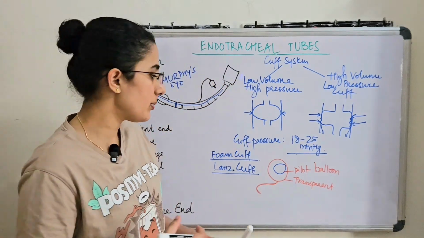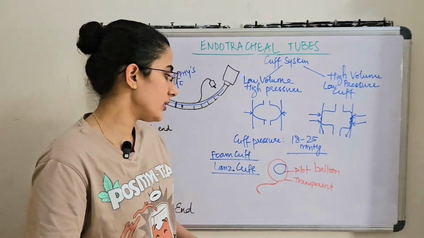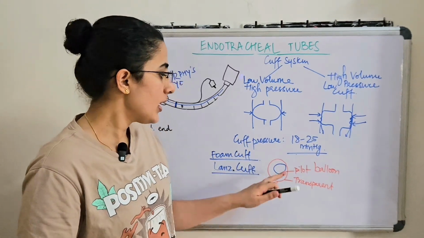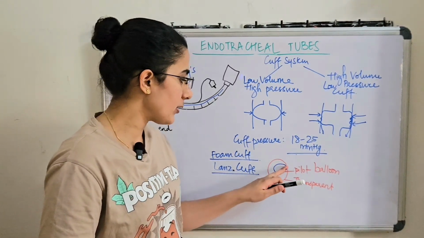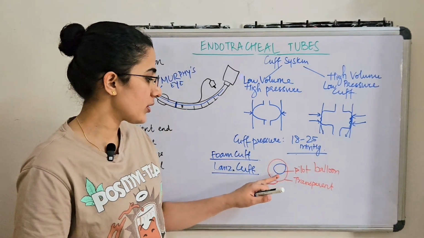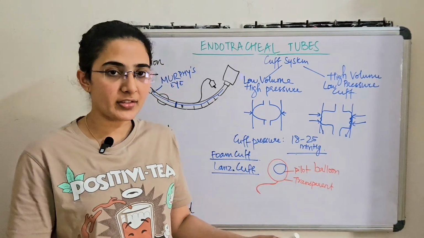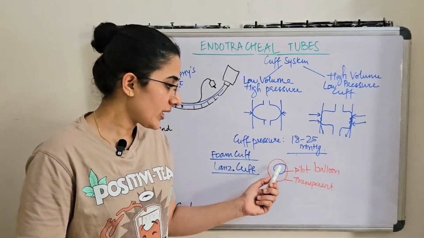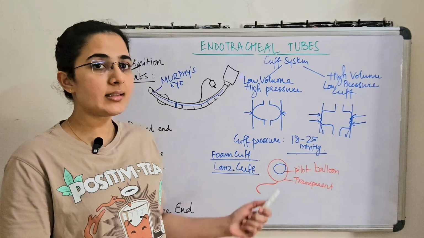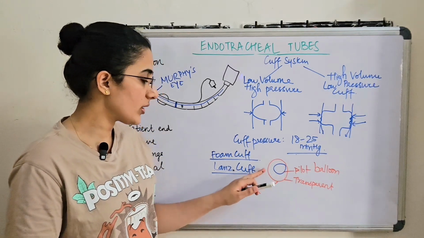Whenever we put air in for the pilot balloon, preferentially it will be this rubber one which gets inflated, and this will be balanced with the pressure of the outer sheet. The advantage of this type of cuff is that whenever we try to overinflate, the excess pressure will get somewhat balanced by the outer sheet.